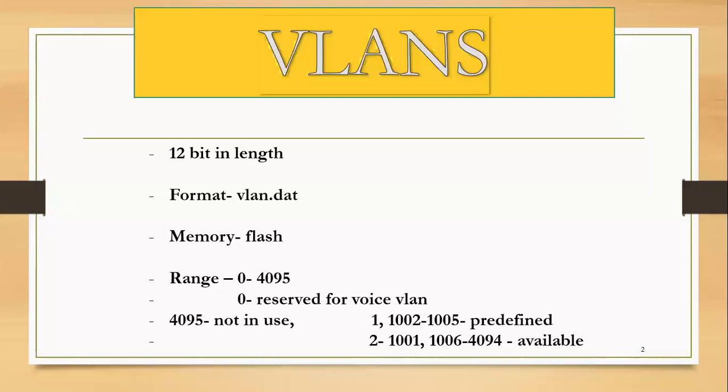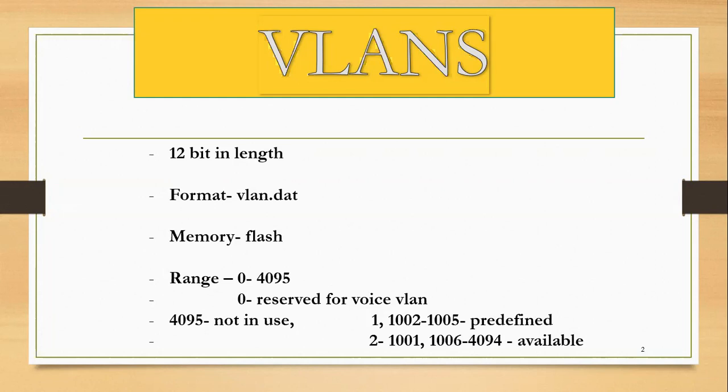The range of VLAN numbers or VLAN IDs is 0 to 4095. This is important to know while creating VLANs, that what is the range of VLAN. So this is the total range 0 to 4095, from which some are reserved VLANs and some are available VLAN IDs. So that you have to consider while creating VLANs.